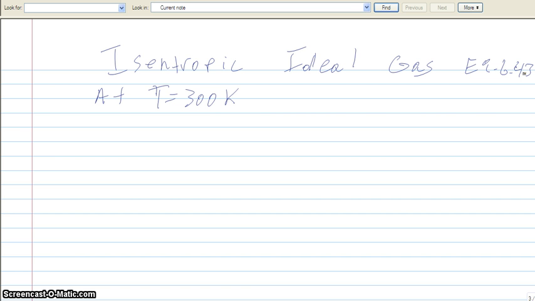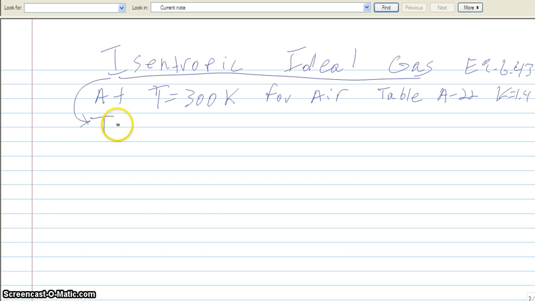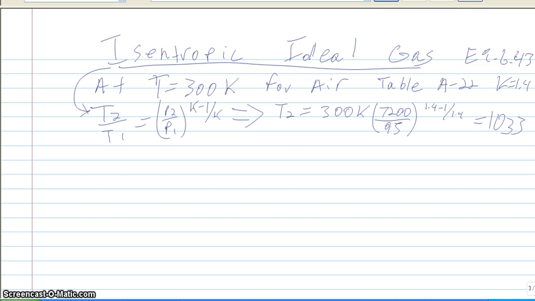At T equals 300 Kelvin for air, table A22, k equals 1.4. So now we'll use this equation right here. Solve T2 over T1, which equals P2 over P1 to the power of (k minus 1) over k. And T2 equals 1033 Kelvin.